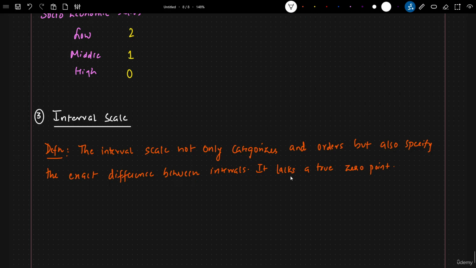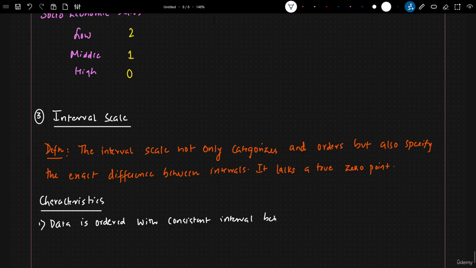And again, just don't go with the definition. It is better that we go ahead and understand with characteristics and examples. Okay. So here, whatever data is, this data is ordered with consistent interval between values.